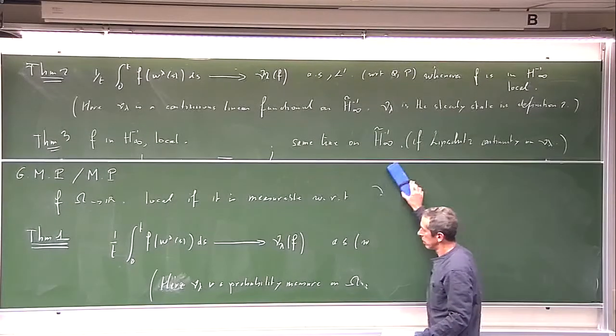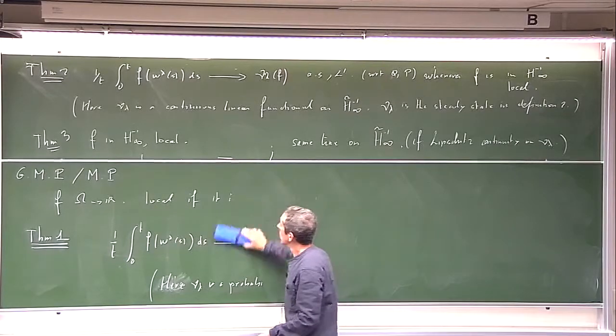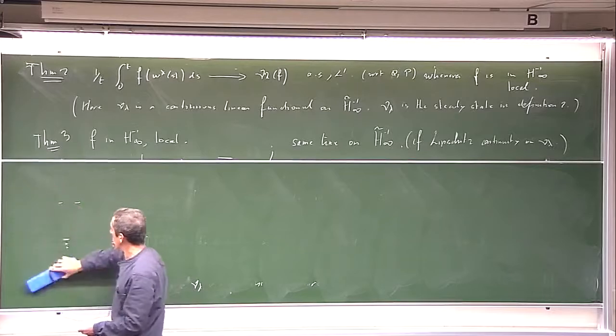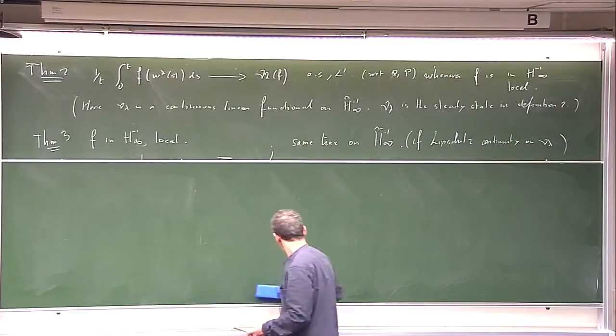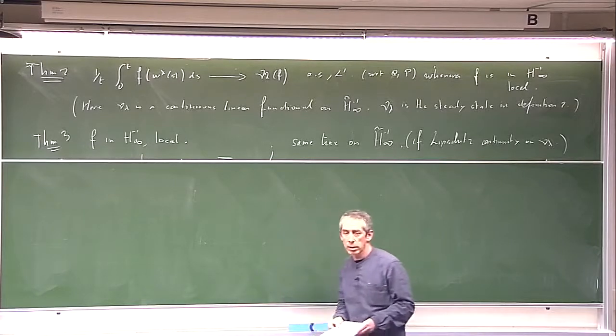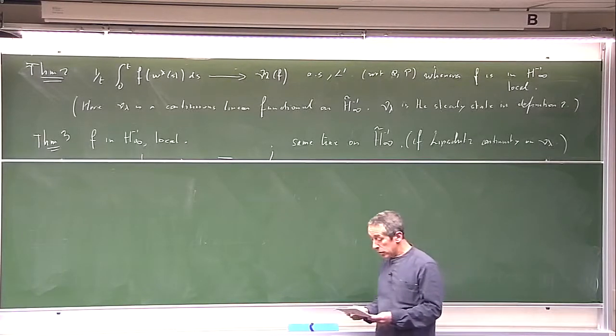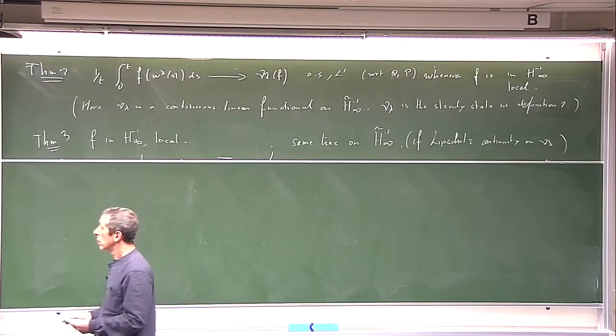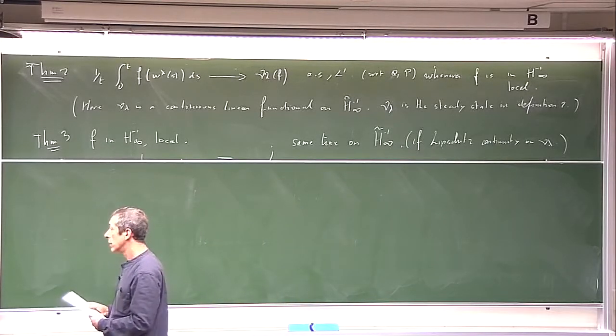And that's where the conditions on f, like here, play a role. Because we need some bounds on the regeneration times.